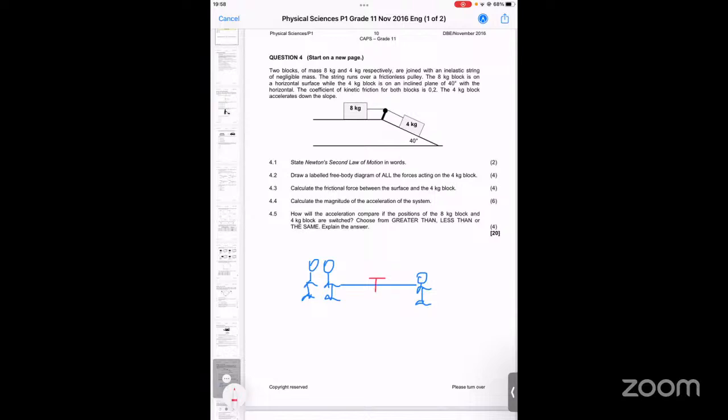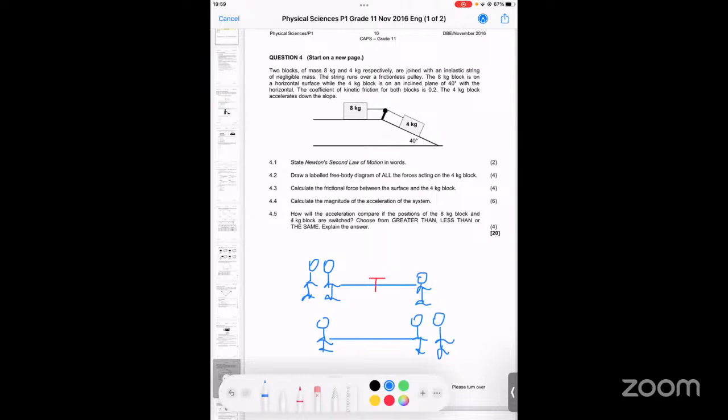Do you think it will change if we now swap, and put that one person there and put those two on the other side? Do you think the pain experienced by the tension will increase, decrease, or remain the same?